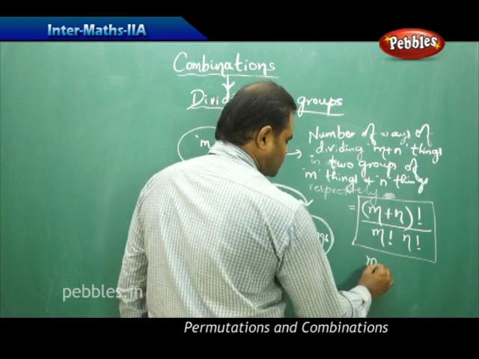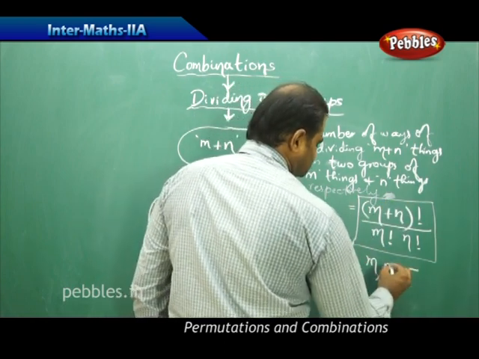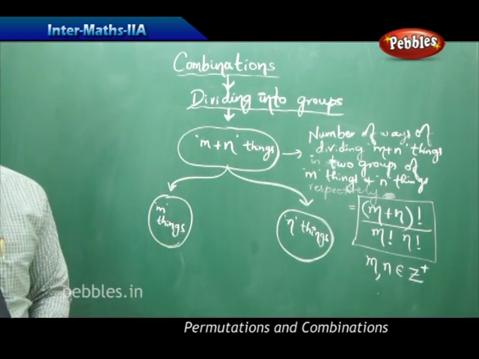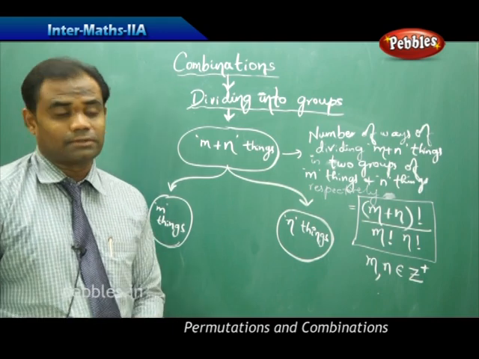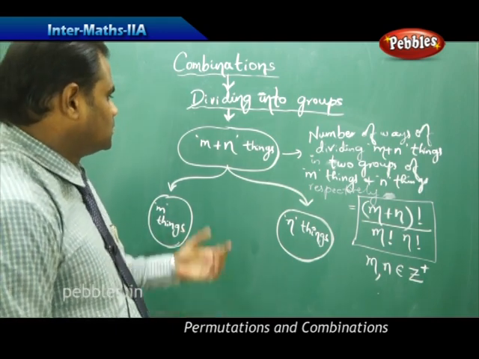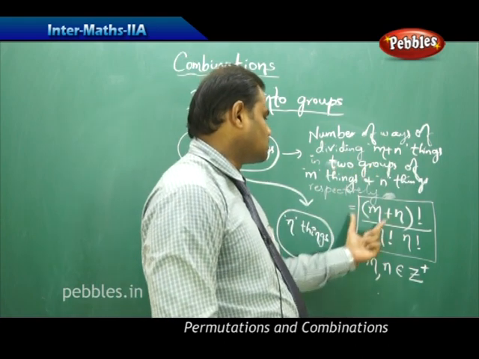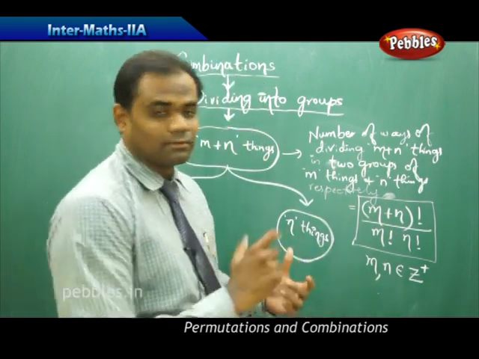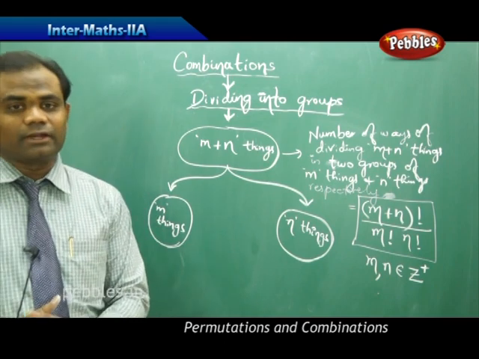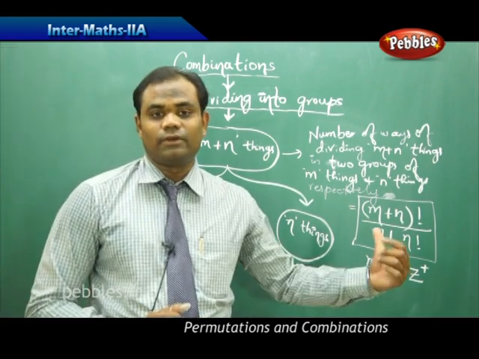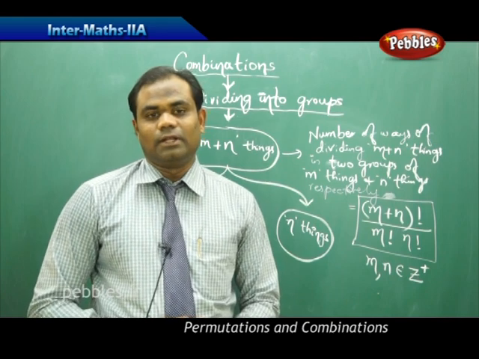And of course we know that m and n are positive integers, which may be distinct or may not be distinct. Now here the different possible ways of dividing m plus n things into two groups of m things and n things respectively is (m plus n) factorial by m factorial into n factorial, is how we understand the formula.